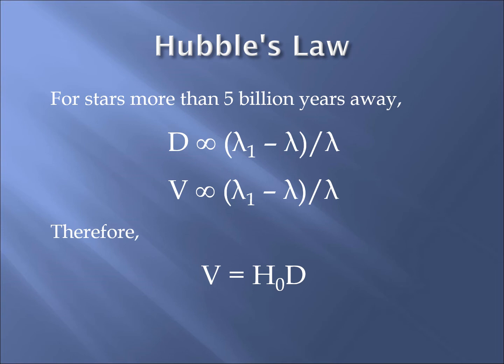Therefore, V equals H0 times D, where the velocity of the star V is proportional to the distance of the star D, and H0 is Hubble's constant, which is a function of time. Also, lambda 1 is the wavelength of the photon emitted from the star 5 billion light years away. Lambda is the wavelength of the photon generated from the present Earth.